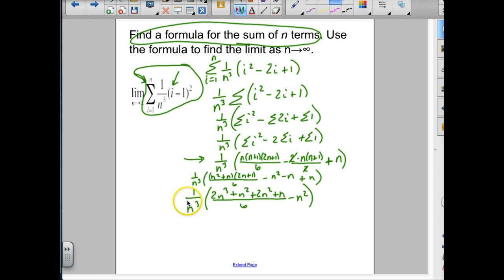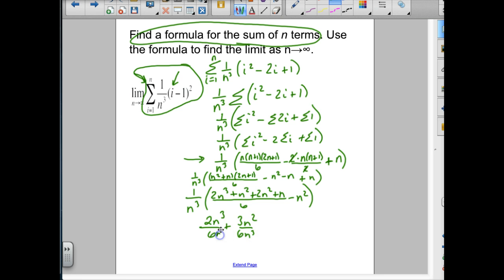All right, now I could distribute the n cubed in. So 2n cubed over 6n cubed. I'm going to split up that fraction too while I'm at it. N squared and 2n squared, if I add those together I get 3n squared, and then it's over 6n cubed.